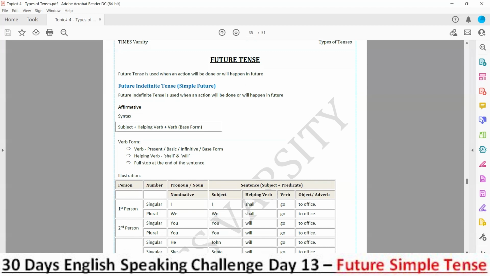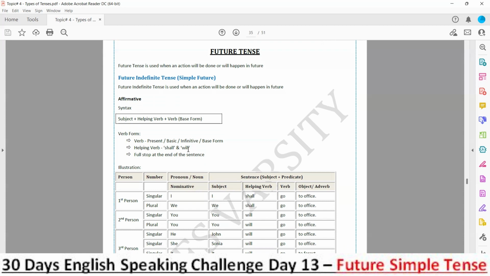Affirmative sentence: as usual, subject, helping verb, then verb. The verb is the base form of the verb, the present form. Helping verbs shall and will are used, with a full stop at the end of the sentence.